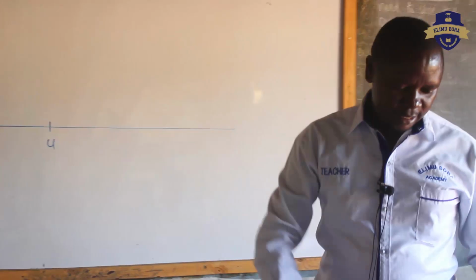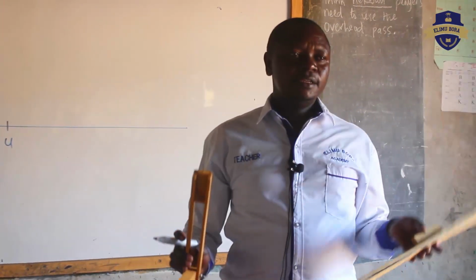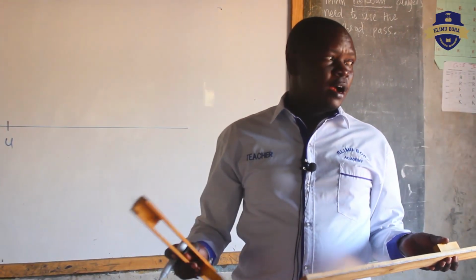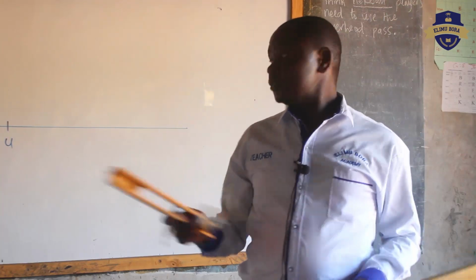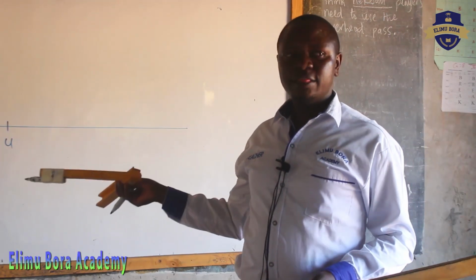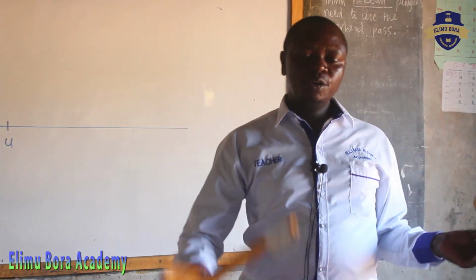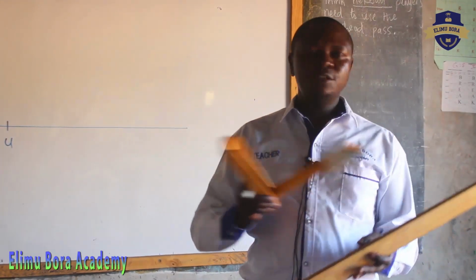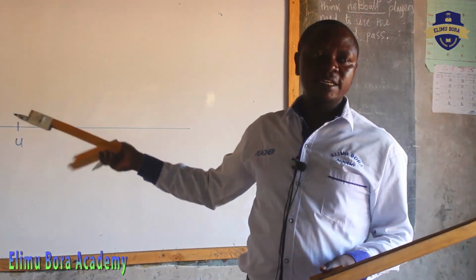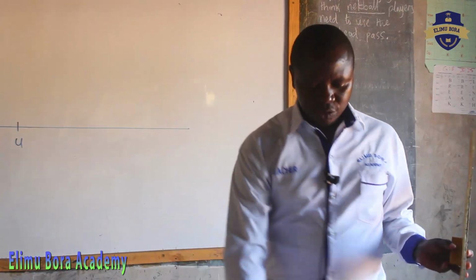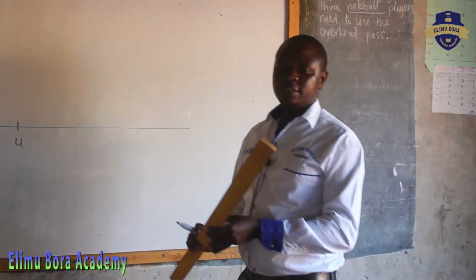Line UV is 3 centimeters. Now there are two ways of constructing a given length on a line. You can directly use a ruler, or you use a compass and transfer the length on that line. Are we together? So this is the first step. It is 3 centimeters.